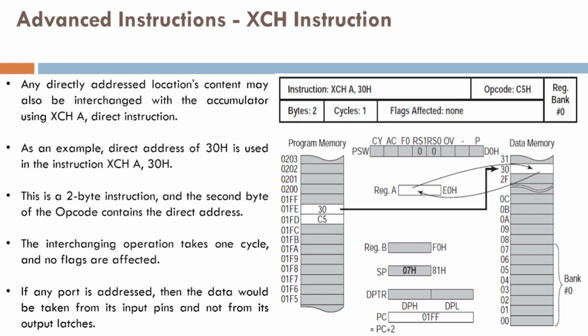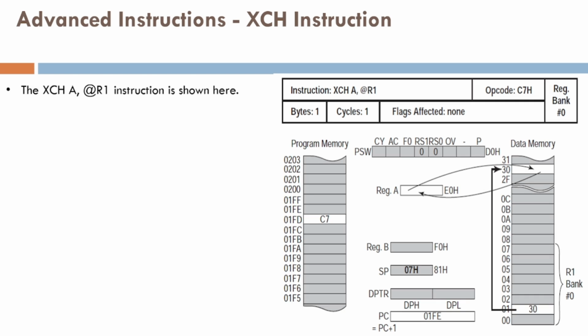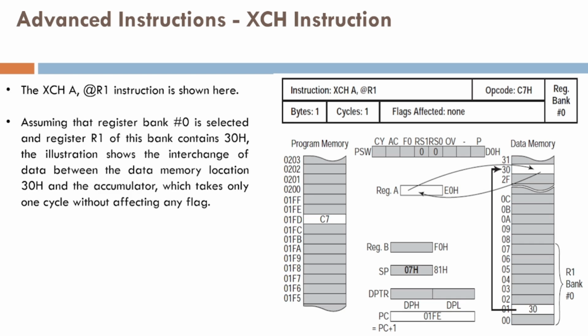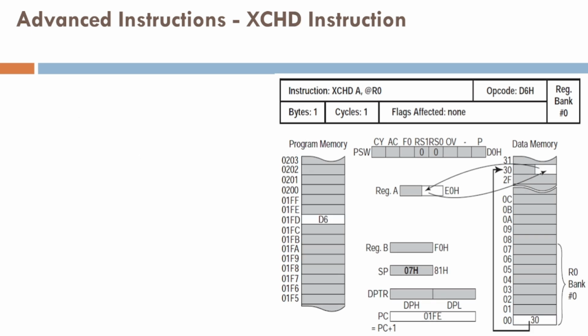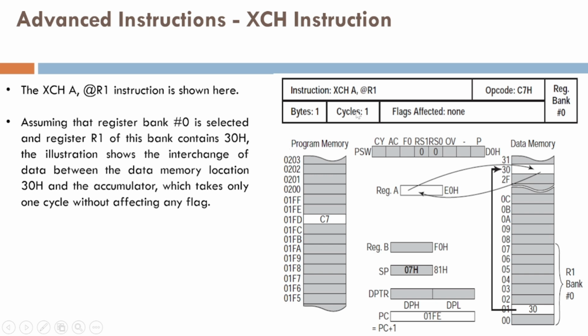Fine. Okay. Now let's move on to the next part where we have XCH A, @R1. And we all know that @R1 means that it has to be the register R1, which is the by default register of bank 0, which can only be used as the memory pointer.